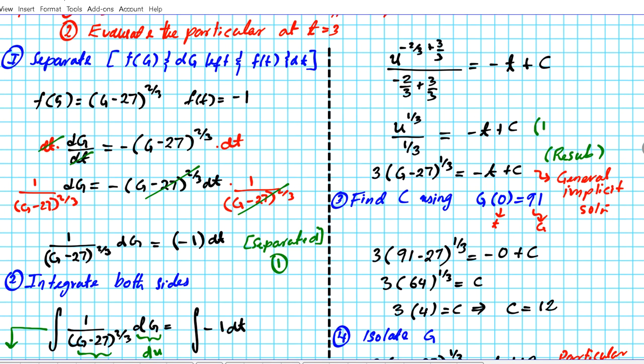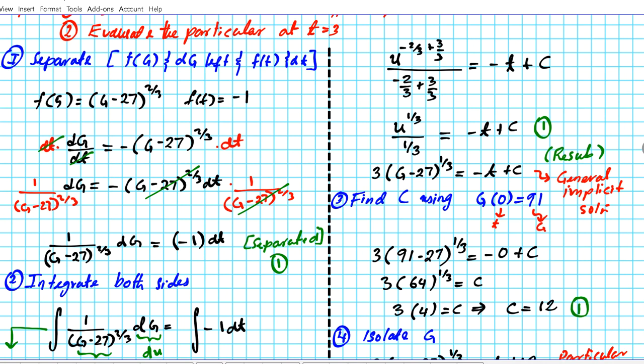And then just by using the initial condition to find C, so you use the initial condition g of 0 equals 91 to find C, that gets you another point, right? So you have 3 points so far.